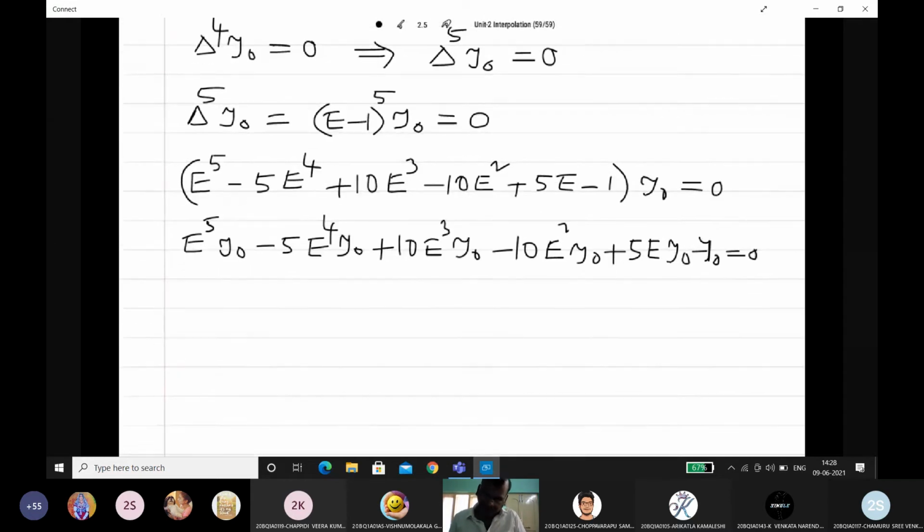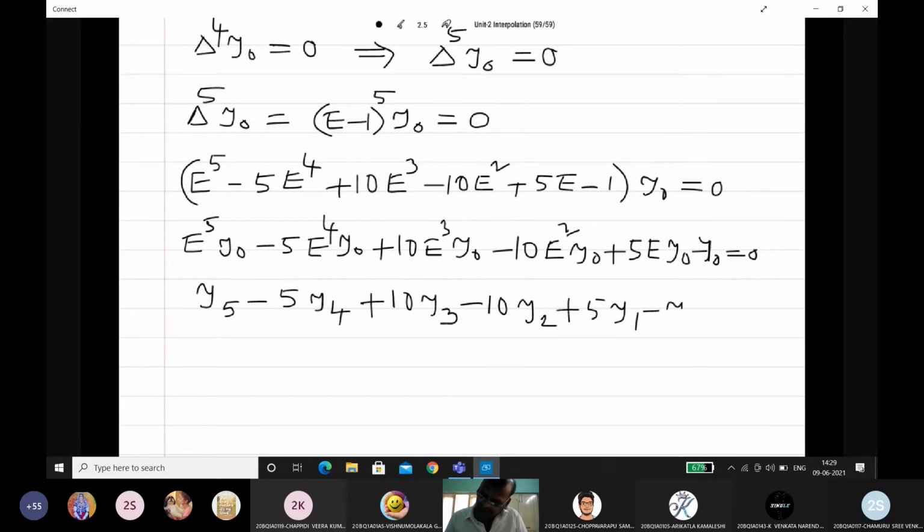Now we have applied the formula. This is nothing but y5 minus 5y4 plus 10y3 minus 10y2 plus 5y1 minus y0 is equal to 0. Again substitute the values.